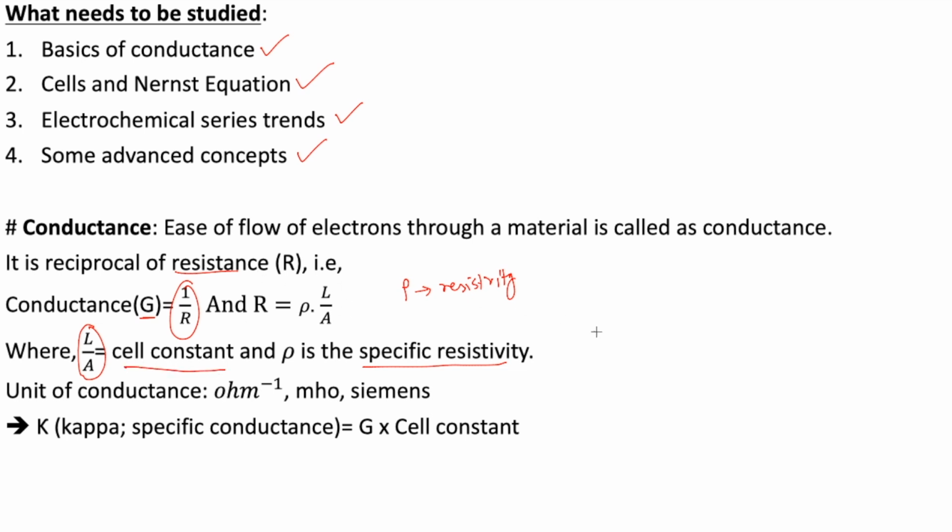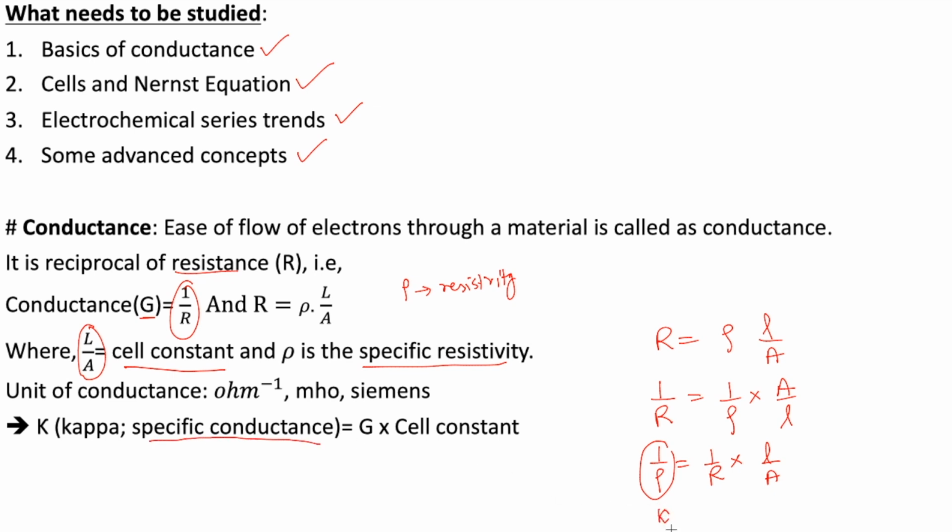If you use the same equation, that is R is equal to rho L upon A, and you make this as 1 upon R is equal to 1 upon rho into A upon L, or you can call it as 1 upon rho is equal to 1 upon R into L upon A. Now this formula converts into a new formula which says that 1 upon rho is denoted as specific conductance, denoted by kappa.